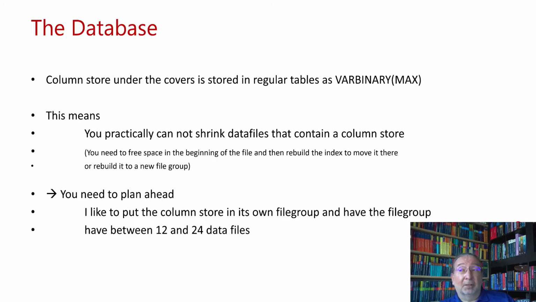It's easy to change at the beginning, but once you have a couple of billion rows on the table, changes like this become cumbersome. So plan ahead, just put it somewhere separate so that it doesn't interfere with other tables, and you do your normal table maintenance and normal data file maintenance as you do, and column store is extra, you basically don't touch it. So that's that.